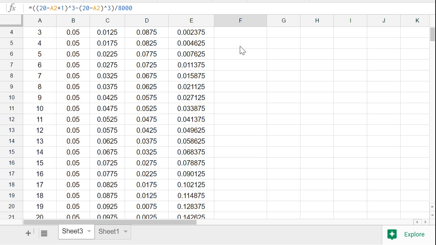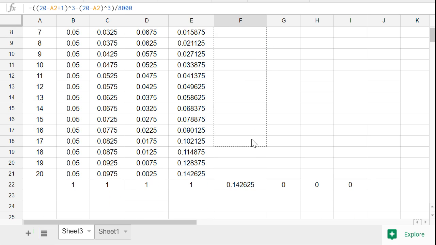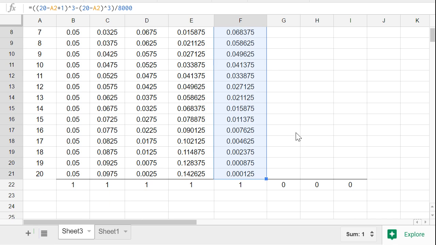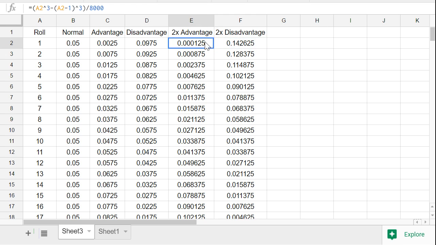And this should match this, and it does. And we fill it down, and it adds up to 1. So in general, if you wanted to calculate any number of advantage or disadvantage, you use either of these formulas. It's 20 to some power, always, and then you just change the powers here.